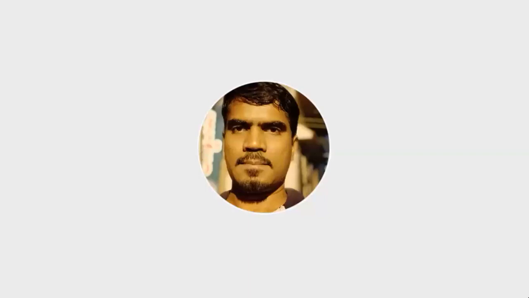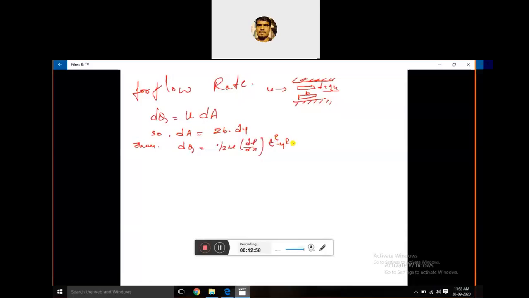So dq becomes u, already we got the value, u is equal to 1 by 2 mu dp by dx (t square minus y square) into area 2b into dy.